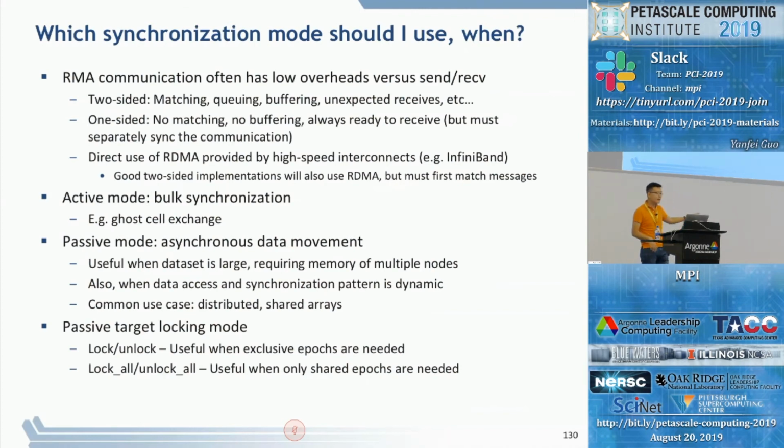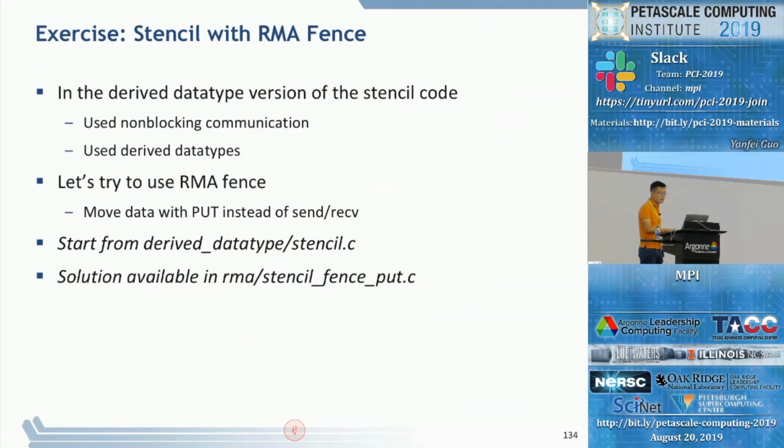So in that case, you might want to try the passive model, doing lock and unlock, just to lock and unlock the target window that you are actually doing the RMA operations on. Okay, so I think that's all my slides.